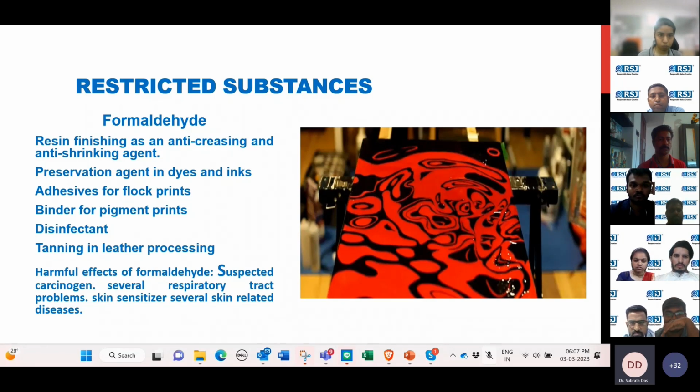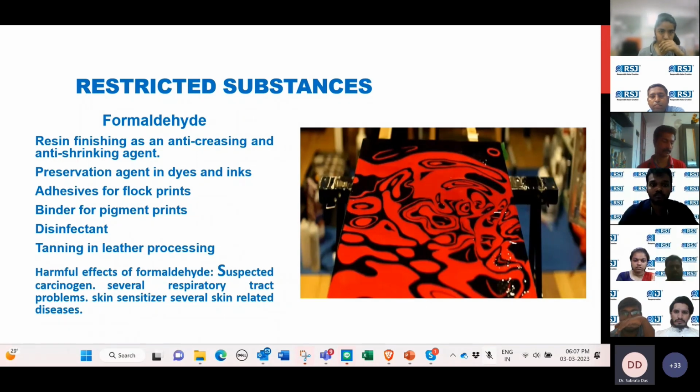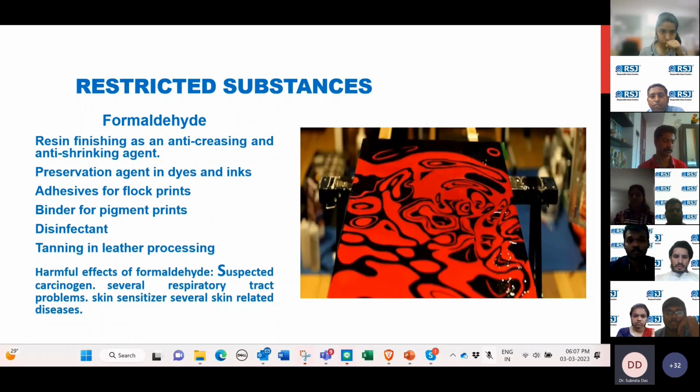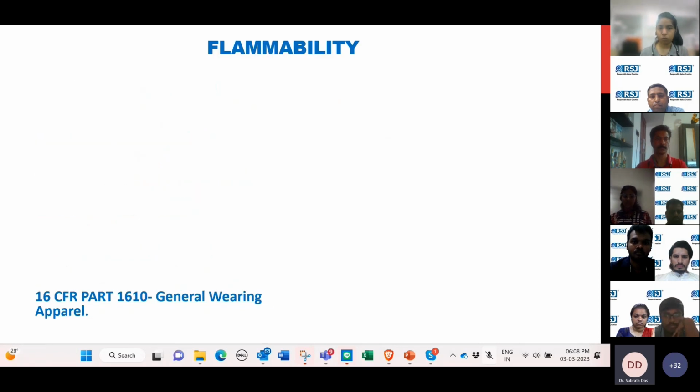Especially for baby clothing, they don't allow more than 20 ppm of formaldehyde. So it must be strictly controlled, otherwise it has harmful effects like carcinogenicity, respiratory tract problems, skin sensitization, and skin-related diseases. So that's why it is a restricted chemical again, and we have to look at the alternatives.